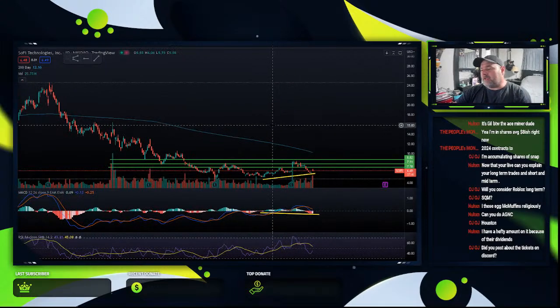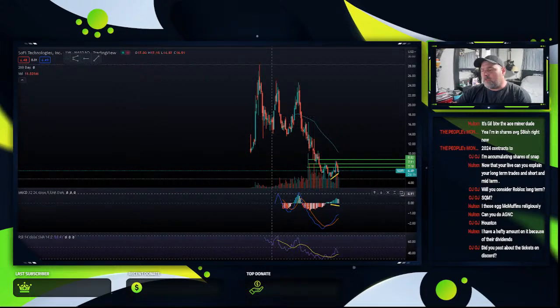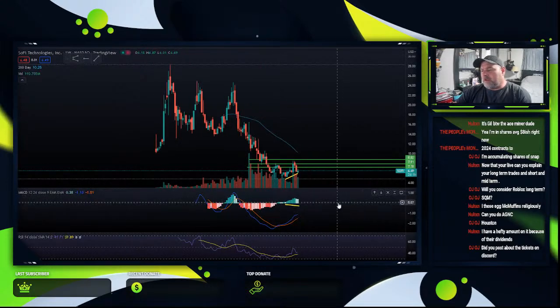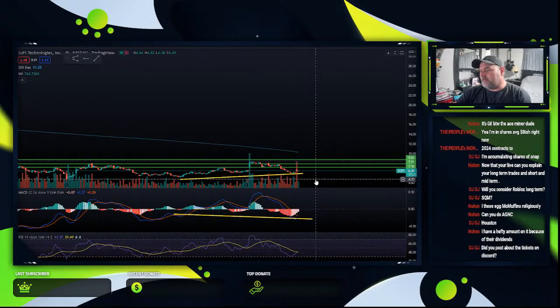SoFi, though, I like SoFi, what it's doing, guys. There's some juice going on here in the midterm range. I like it. We're losing this little bit of negative momentum, and we're trying to get back above neutral here on the RSI. I'm looking at price targets in the midterm.